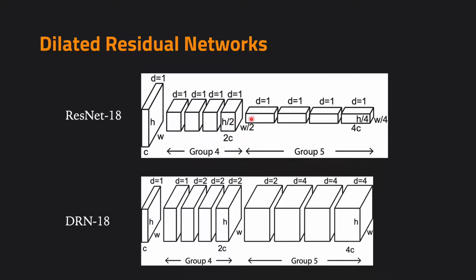Each group downsamples the resolution of the previous feature map and then creates a deeper representation, and we can replace those downsampling steps with dilated convolution, so that we have the same connections as the original network, but a higher resolution feature map at each level.